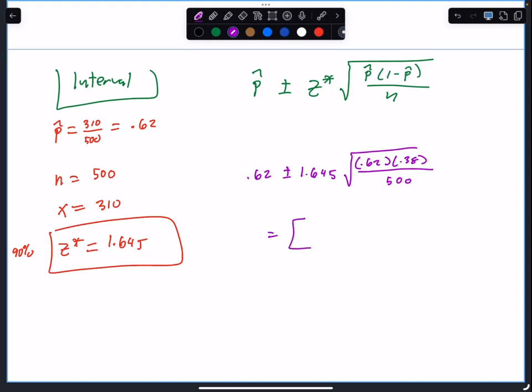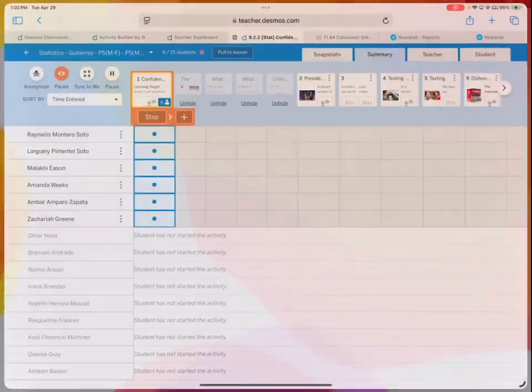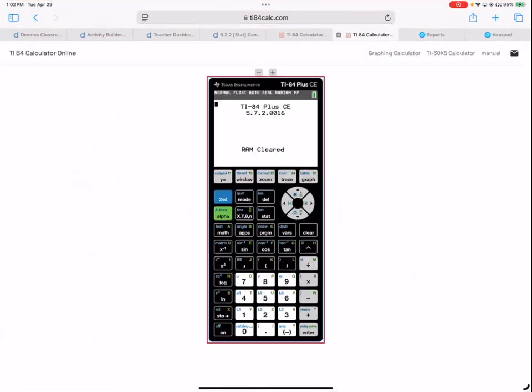All right, we're now going to go to our calculator. So I pull up my calculator, and I type exactly what I see in the formula with the minus first. So I'm going to do 0.62 minus 1.645 because we're doing 90%.